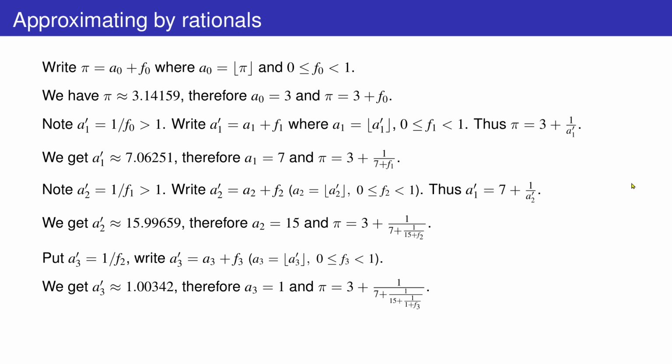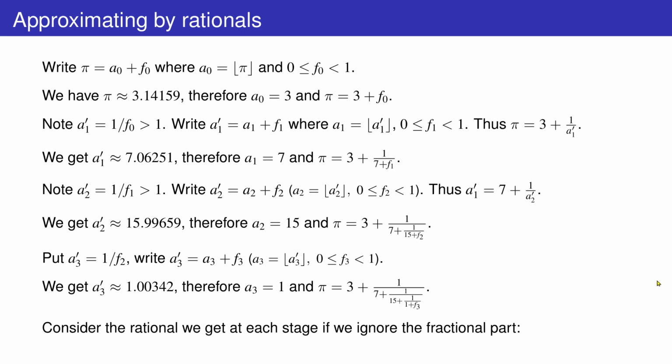Again, that's the key point. These fractional parts are relatively small, so what we can do is ignore that fractional part at each stage and come up with an approximation by a rational number.